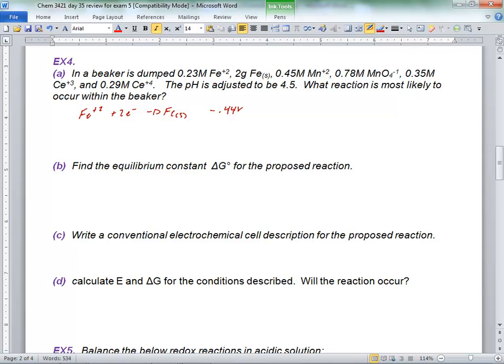You have to write down the whole half reaction. Where is it?